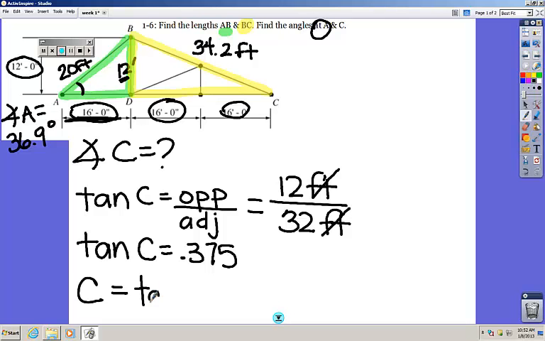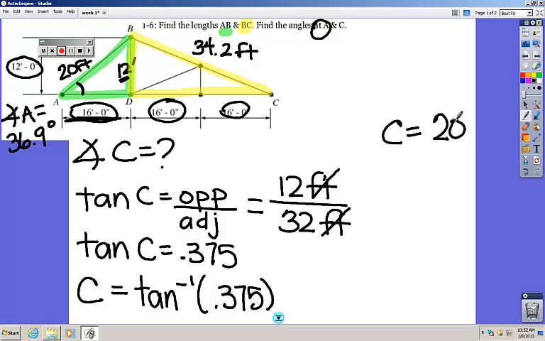So C is equal to the inverse tangent of 0.375, and we get for a final number that the angle C is equal to 20.6 degrees. Please be sure you put units on your answers.